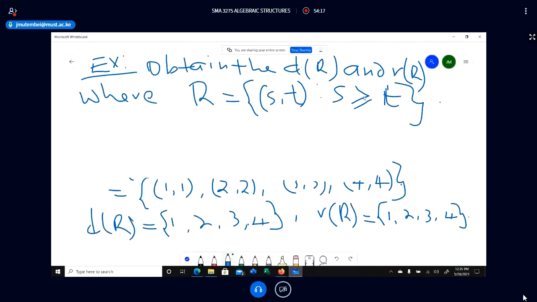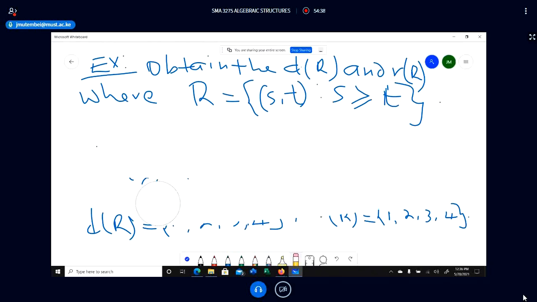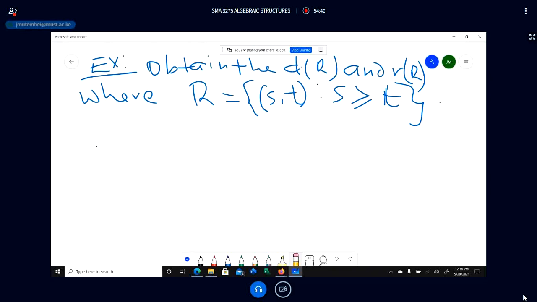Our relation R here is S is greater than T. So the pairs are such that the first element is greater than the second element. And remember, the two sets have elements 1 up to 4. So S is the set 1, 2, 3, 4. T is the set 1, 2, 3, 4.